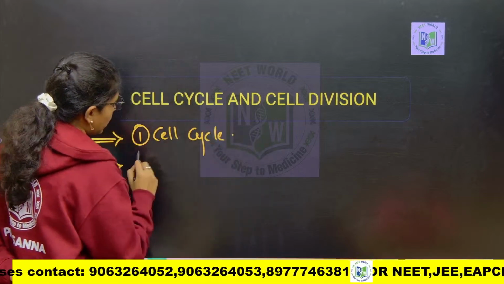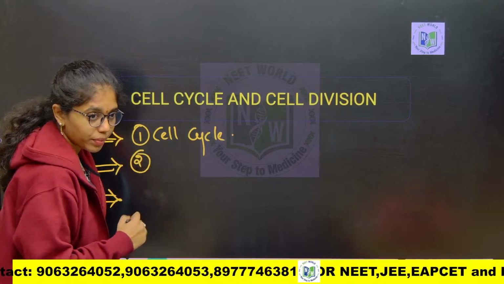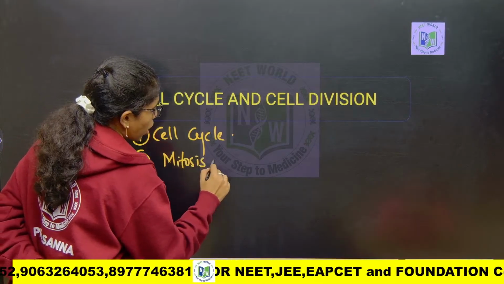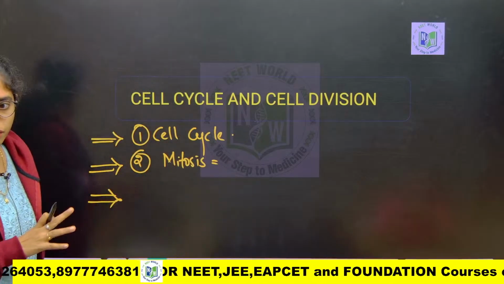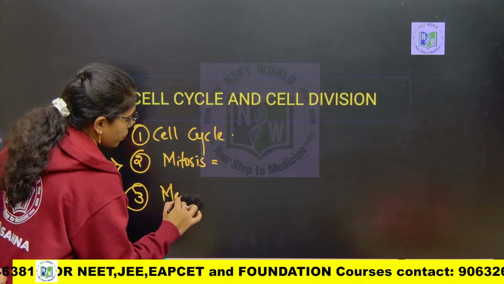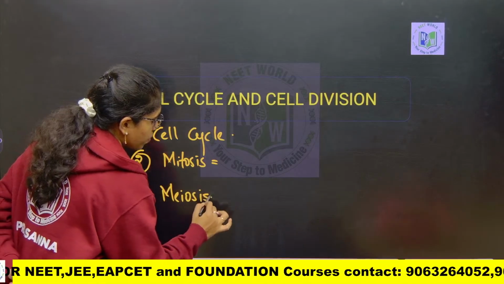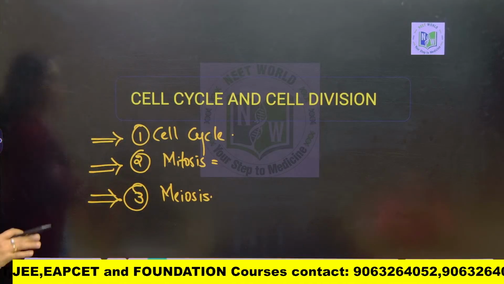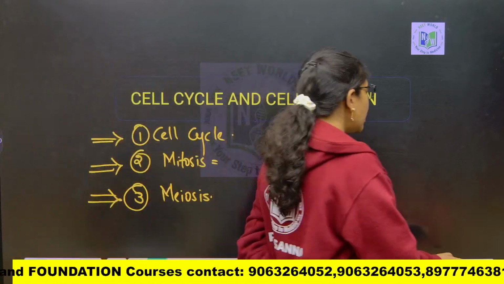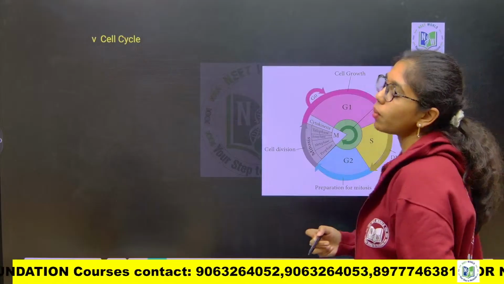The next concept will be purely on mitosis, where I will be solving a few numericals also related to mitosis, and third will be meiosis. So in this way we will be moving on. First, let us understand what is cell cycle.